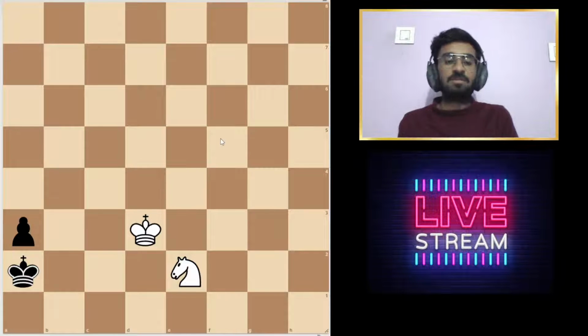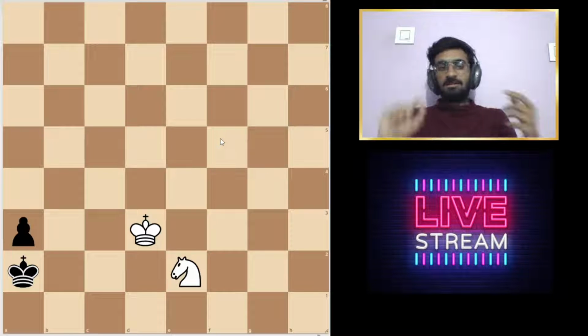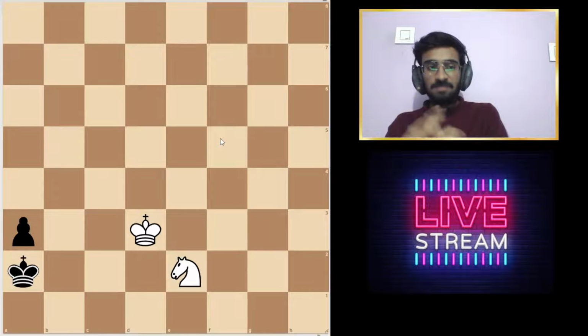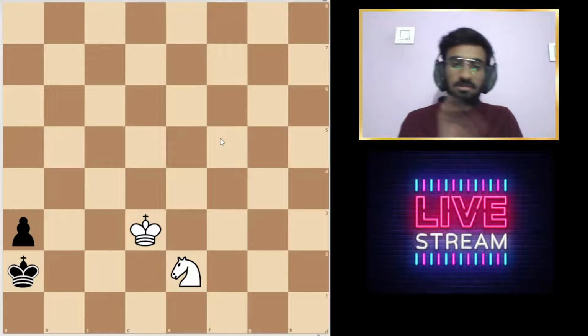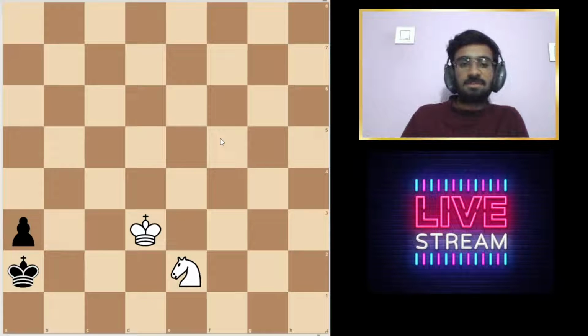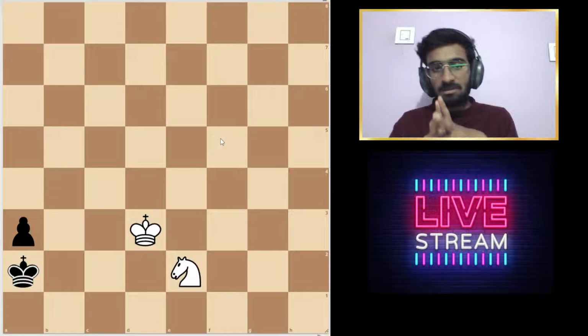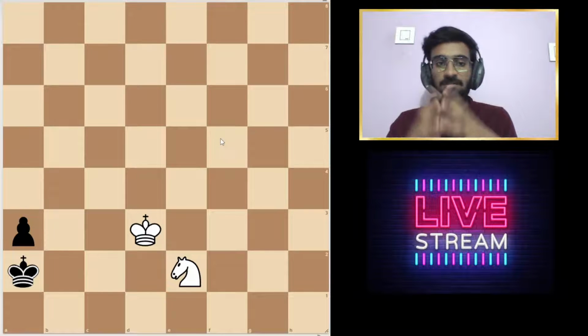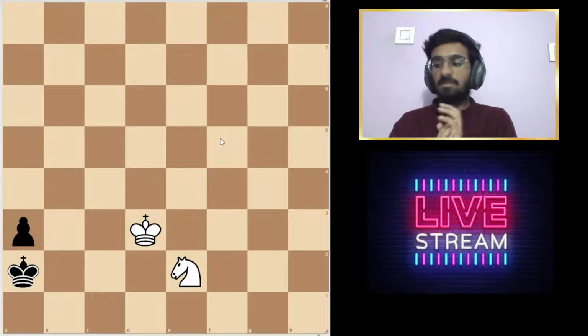What will happen in this position? Will any side win, or is it a draw? Is it winning for any side, for white or for black, or is it a simple draw?